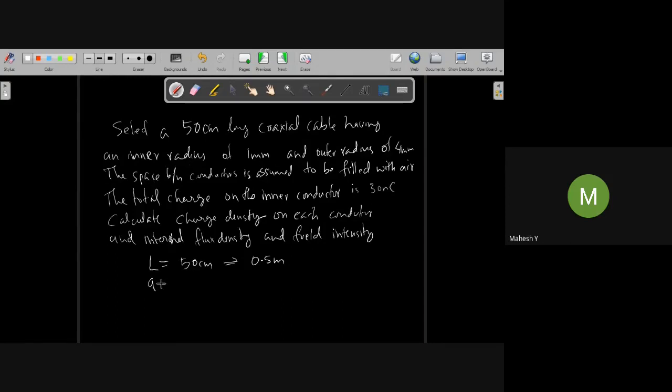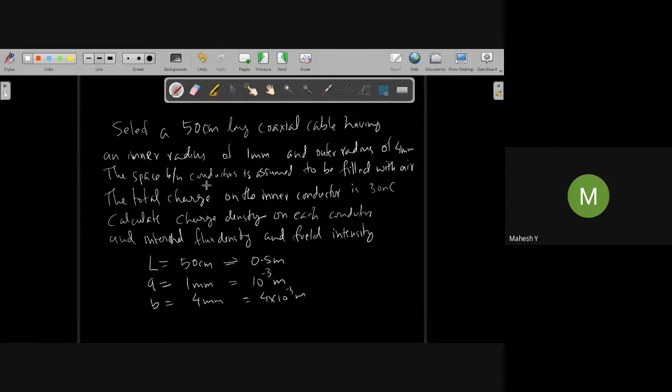Inner radius means A. A is equal to 1 mm, so how much is it? It will be 10 raised to minus 3 meters. Okay. And outer radius means B. B is equal to 4 mm, which will be 4 into 10 raised to minus 3 meters.